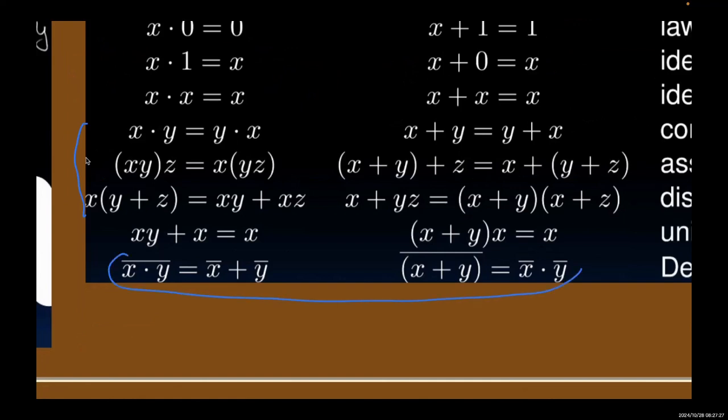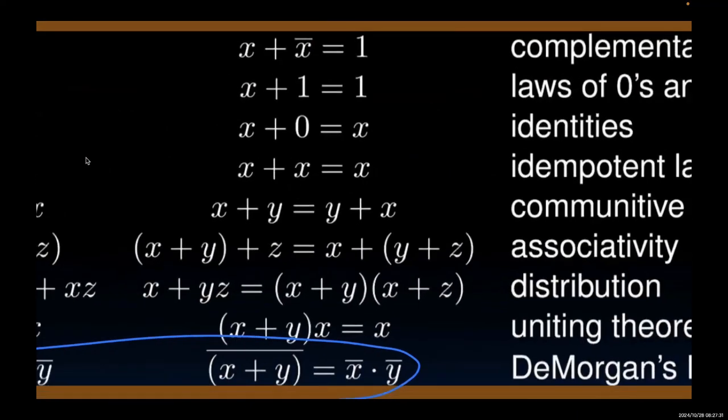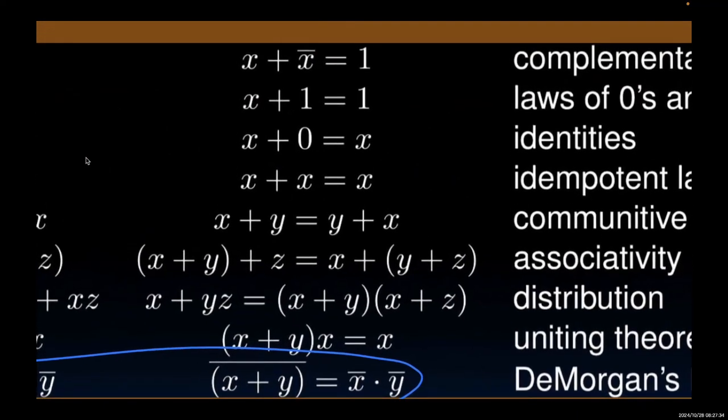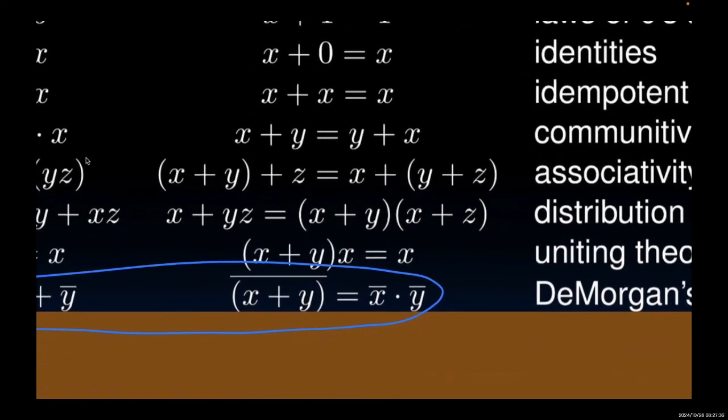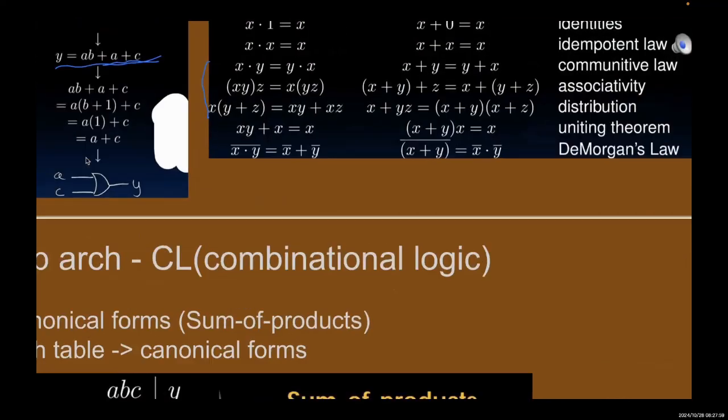We leave the final thing out first. And for here, there are some counterintuitive ones, like x plus yz equals x plus y times x plus z. When you use them, you can refer to this table. There's no need to memorize it.